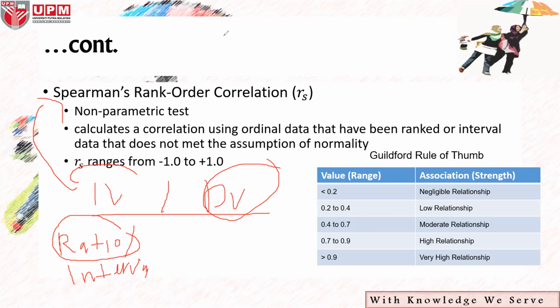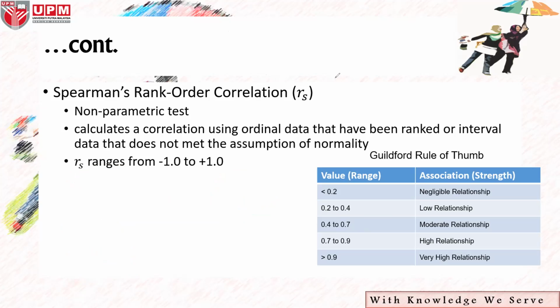Okay, the second situation why we have to use the Spearman rank order correlation is because our IV and DV are in ordinal data. Ordinal is categorical and has a ranking order. The numbering has logical meaning.